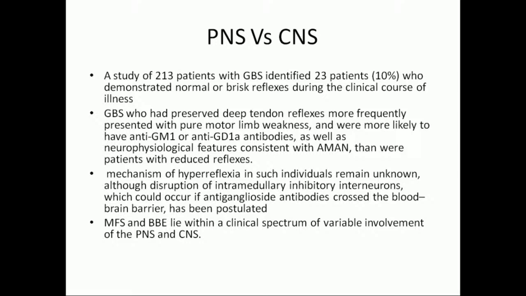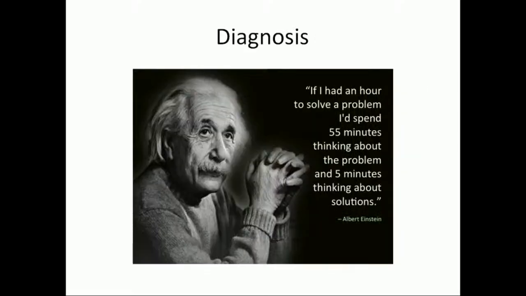It is postulated that the brisk reflexes are because of the affection of inhibitory interneurons present in the spinal cord. So the inhibition on the anterior horn cells is vanished, and this leads to exaggerated reflexes.